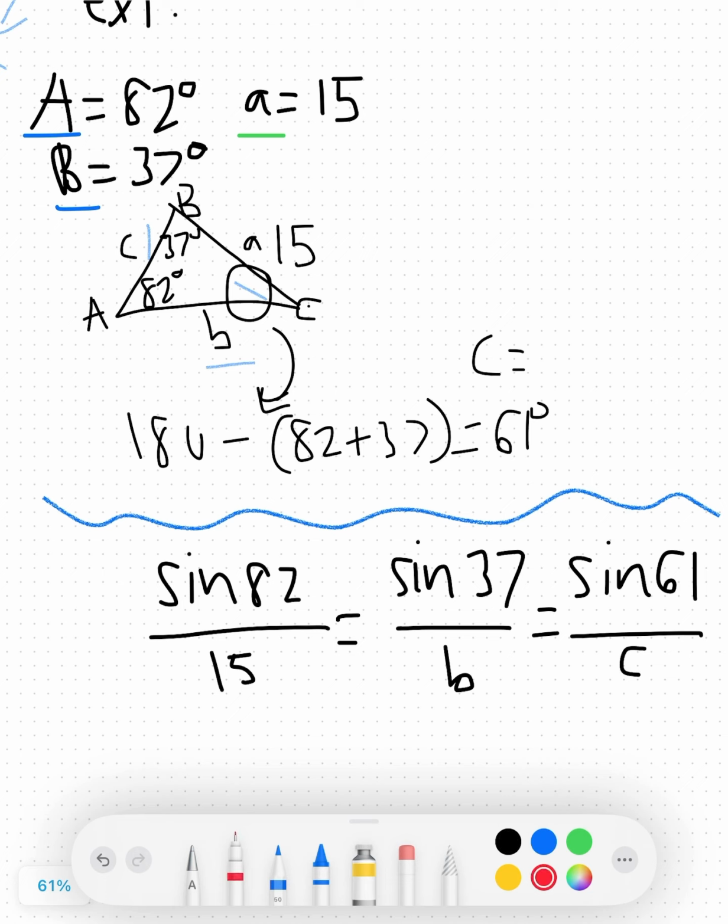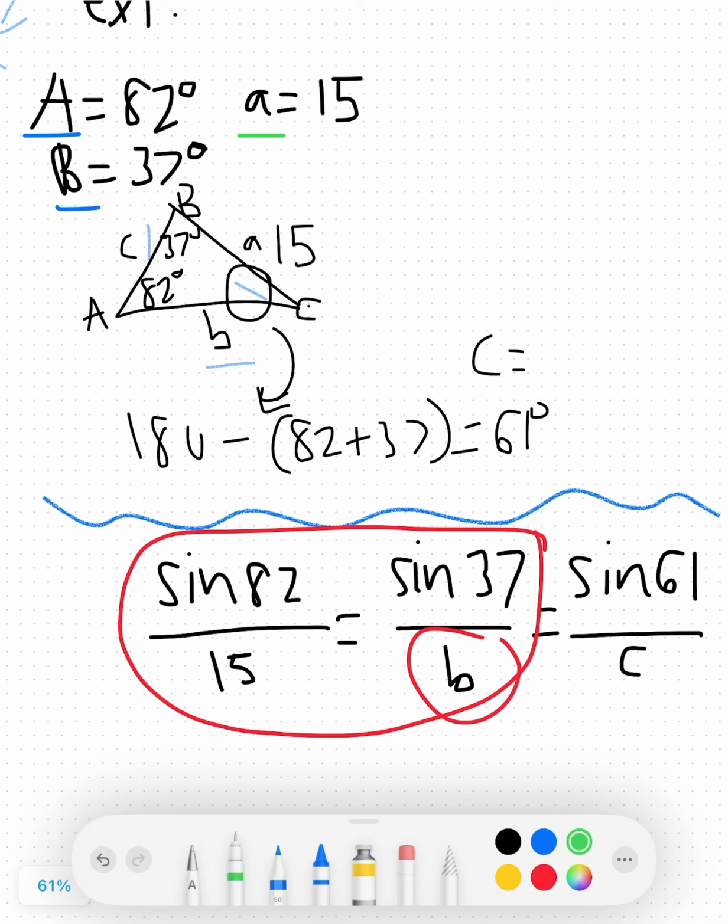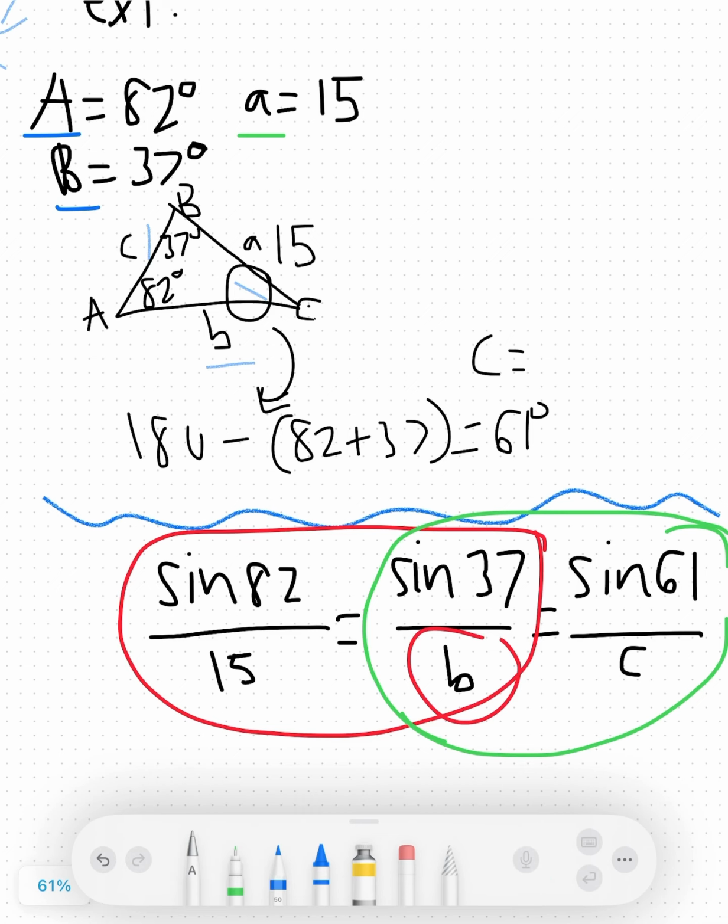This is basically a ratio. So when we're solving, we should probably look at this first and solve for b. And then using this, we can solve the second half of this ratio. So let's do that right now.